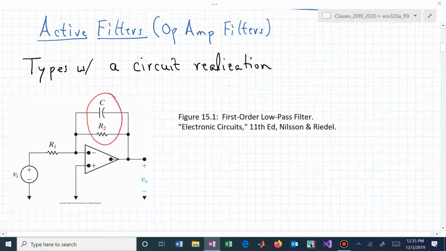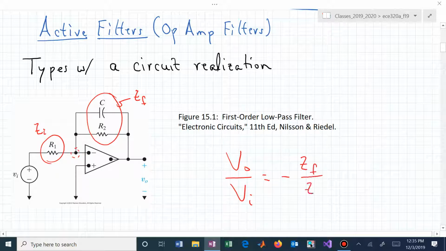Which is what I'm saying is right here, you could say, oh, this is Z sub F, and this is Z sub I. And then you could show by using KCL, let's say, at V sub N, was that Z sub 1 or Z sub I? Z sub I, do you remember that? Now you simply replace Z sub F and Z sub I with these complex expressions determined by how you've located those in this diagram.